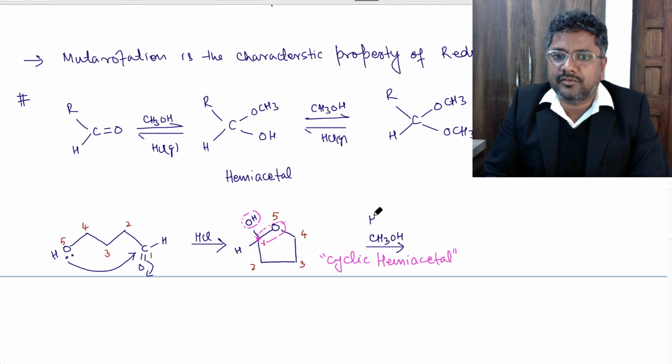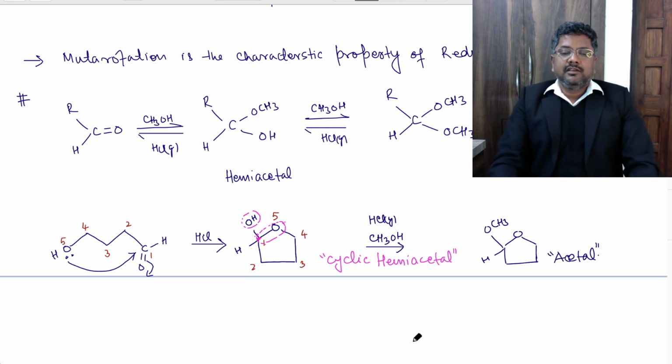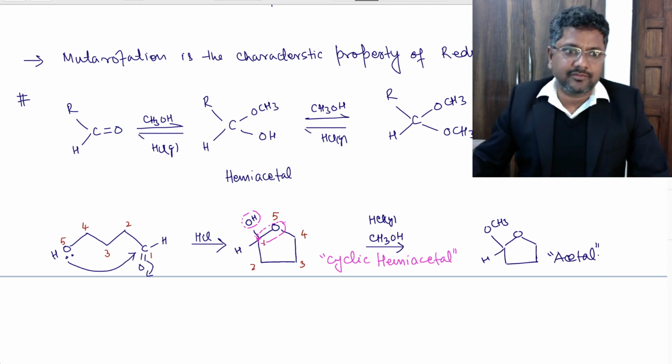1 mole of alcohol. So this time you will get acetal. Right? So this is hemiacetal, and this is acetal, and this is formed by only 1 mole of alcohol.